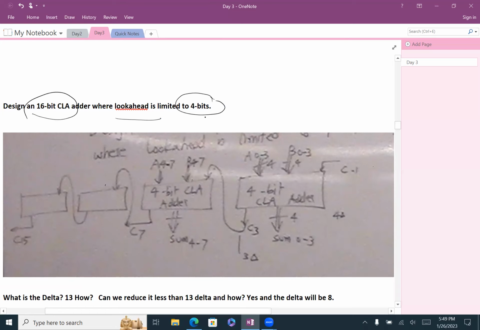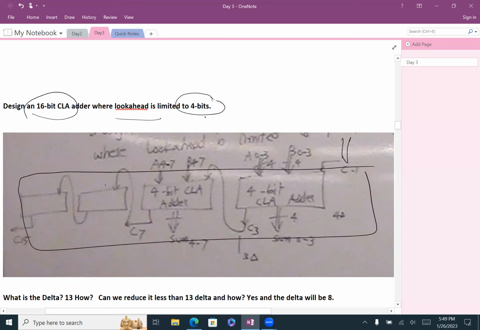So if you want to draw the circuit, a big box here, you will have A from 0 to 15, and B from 0 to 15, 16-bit, correct? All right. And how do we combine them together? We take the carry from C3, pass it to the next stage, then C7 you pass to the next stage, then C11 you pass to the last stage, then C15, the output.